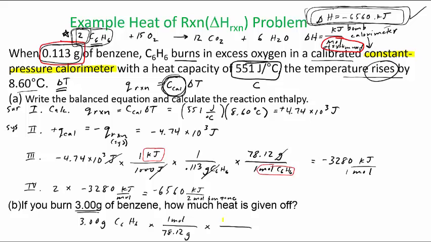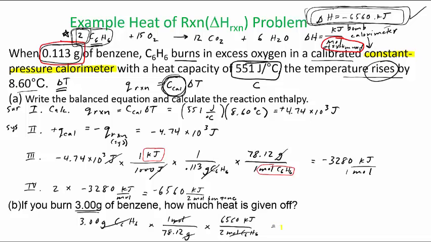Okay, and then we use our new conversion factor that we got from part A. So this is 6,560 kilojoules per 2 moles of benzene. So our grams cancel and then moles cancel. Okay, and then we should get heat here. So 3 times 6,560 divided by 2.